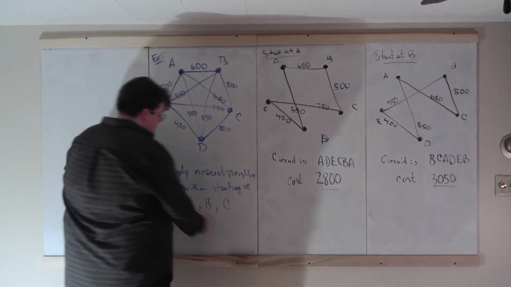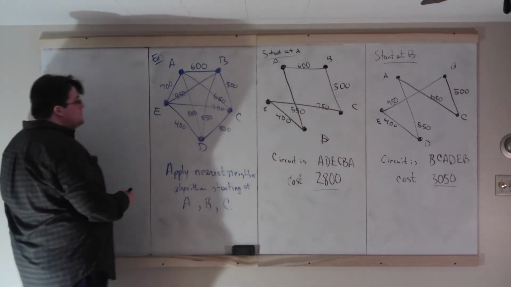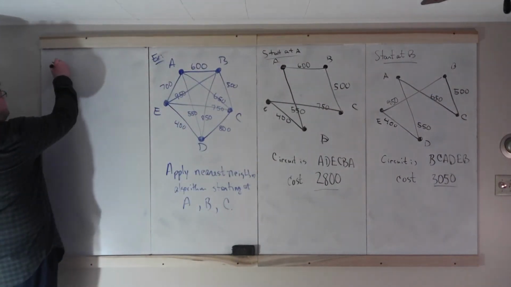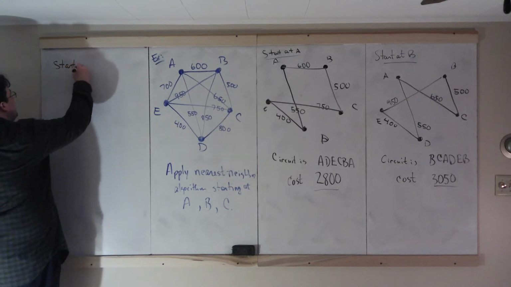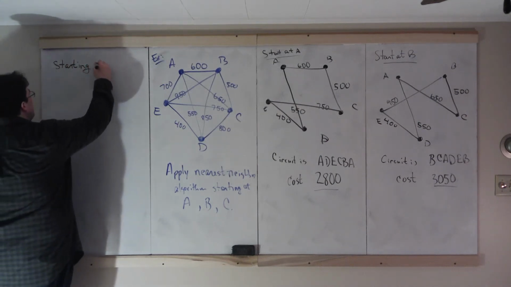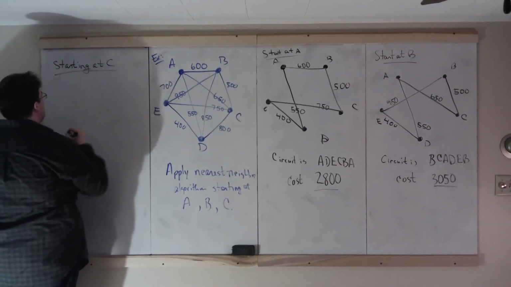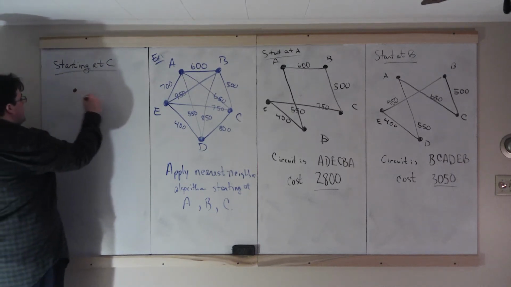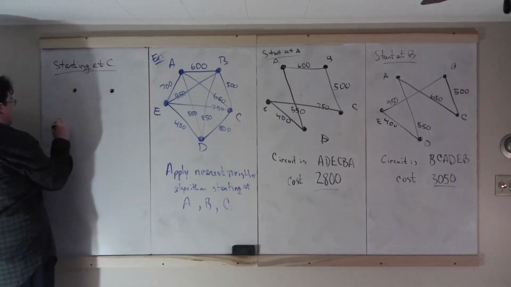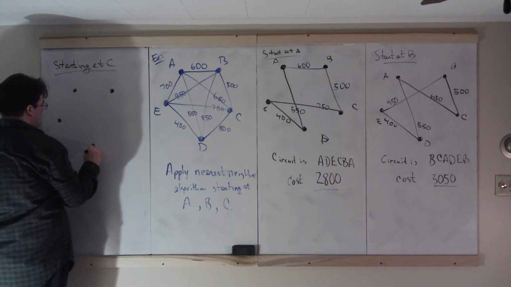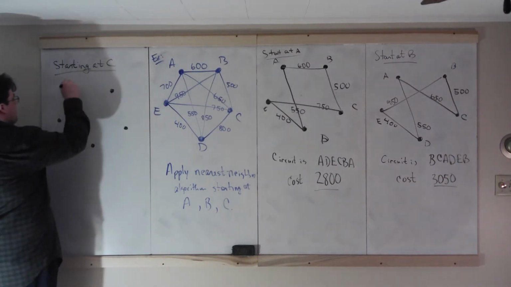And next it tells us to do it starting at C. Starting at C. Well, again, I'm going to draw out the vertices.